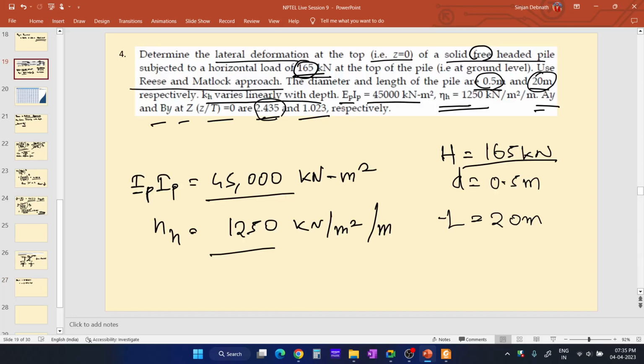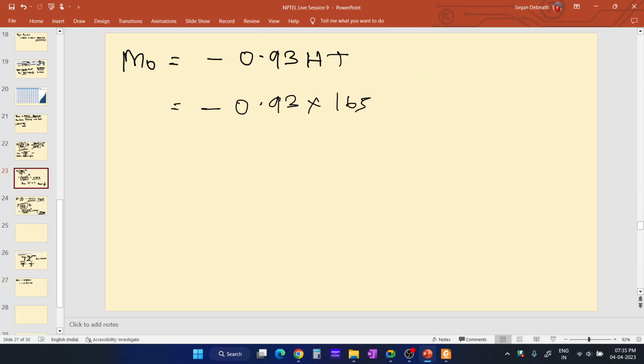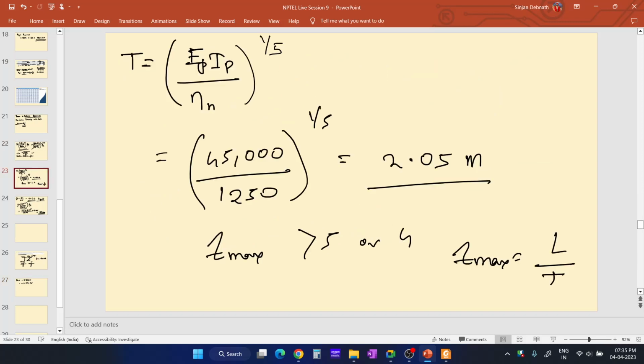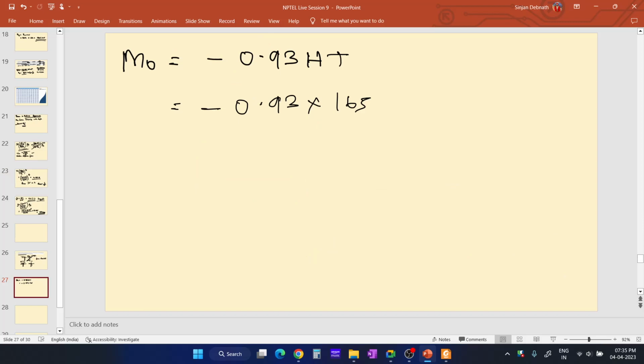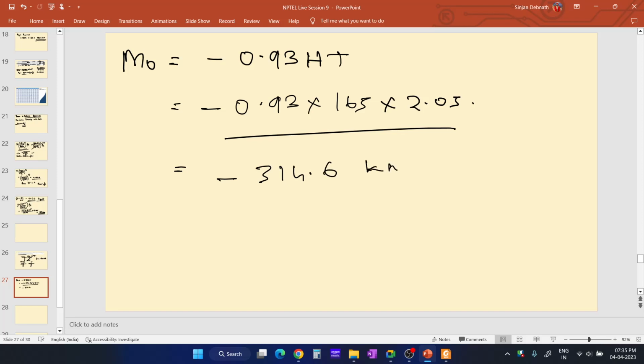And T we have calculated using this equation, and T is 2.05 meter. So 165 into 2.05, and if you calculate this, you will get the value of M0 to be minus 314.6 kilonewton meter.